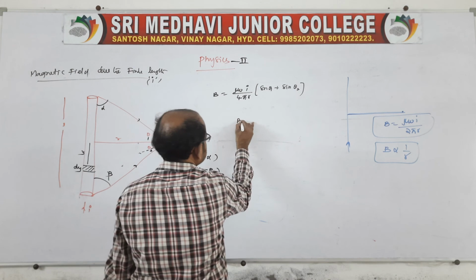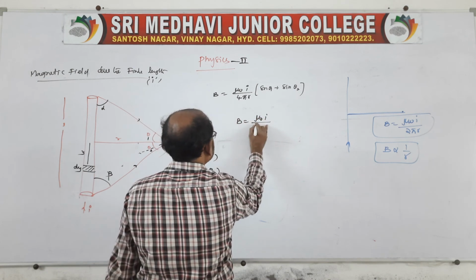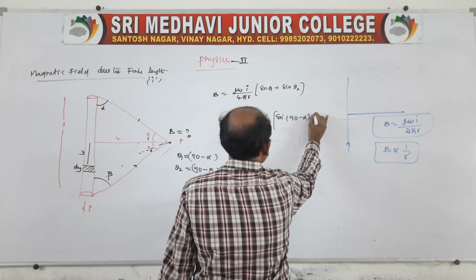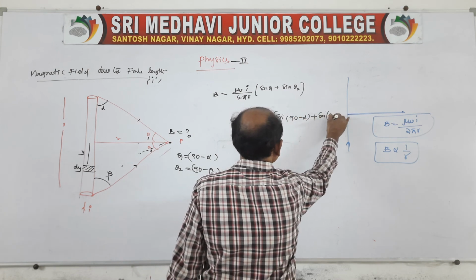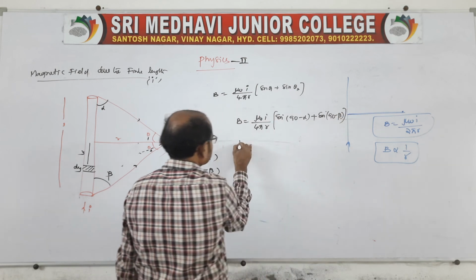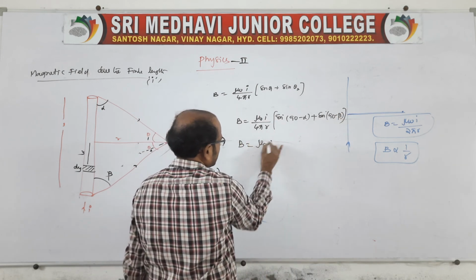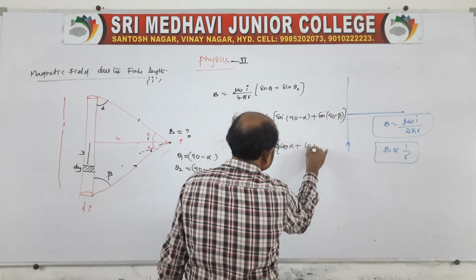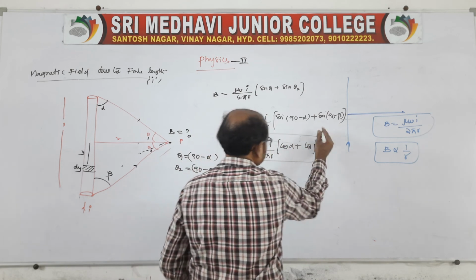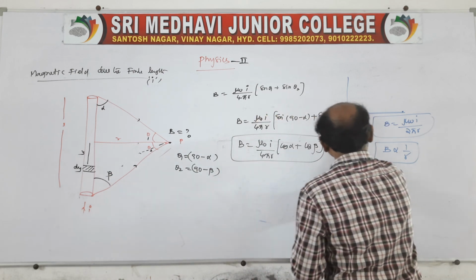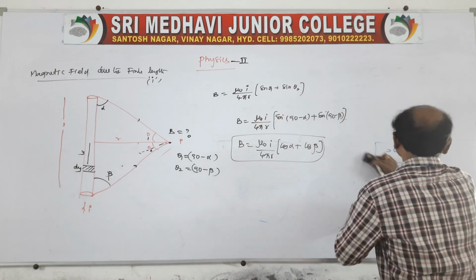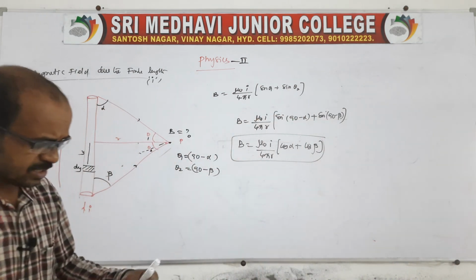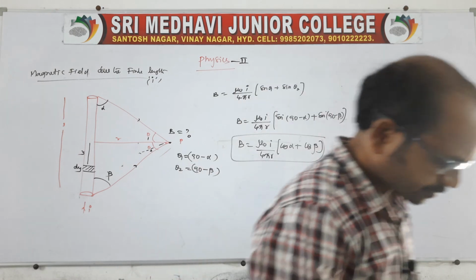Here you write B is equal to mu naught I by 4 pi r into sin of 90 minus alpha plus sin of 90 minus beta. So B is equal to mu naught I by 4 pi r into cos alpha plus cos beta, if the ends are making angles alpha and beta like this. Clear?